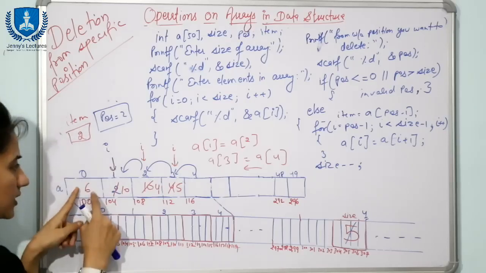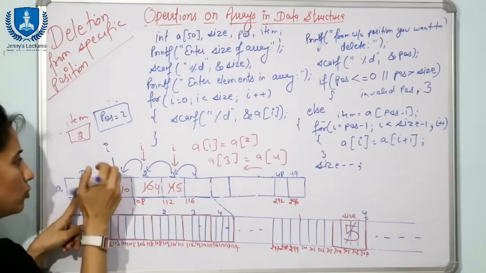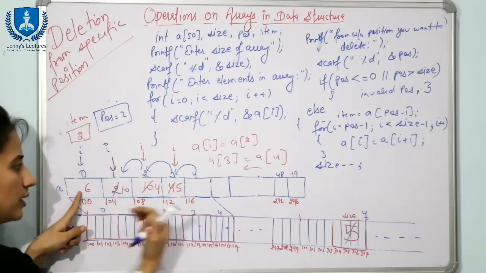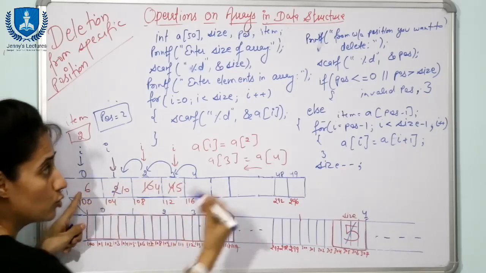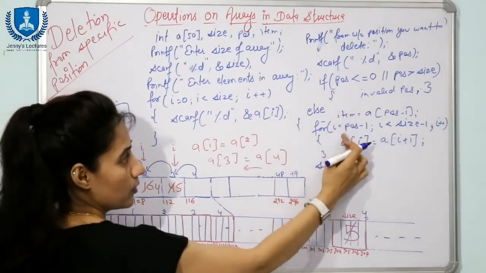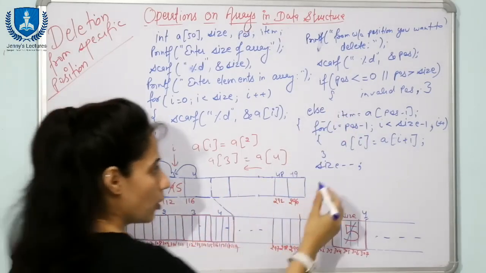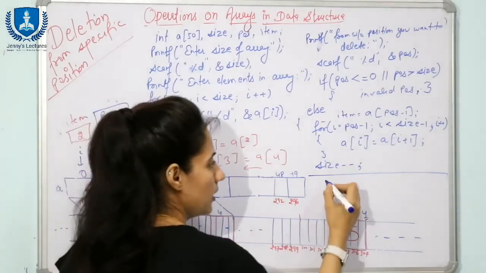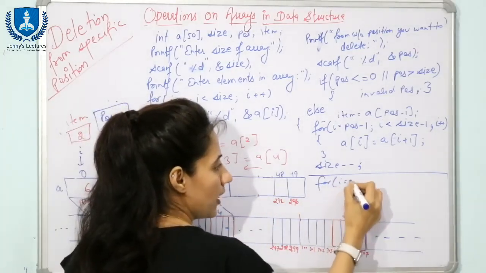And if you want to delete from the beginning, then what will you do? If you want to delete this 6, then from the beginning only you are going to start the for loop for I, and all the values would be shifted to the left side. So the updated for loop, if you want to delete from the beginning, would be for I is equal to 0.